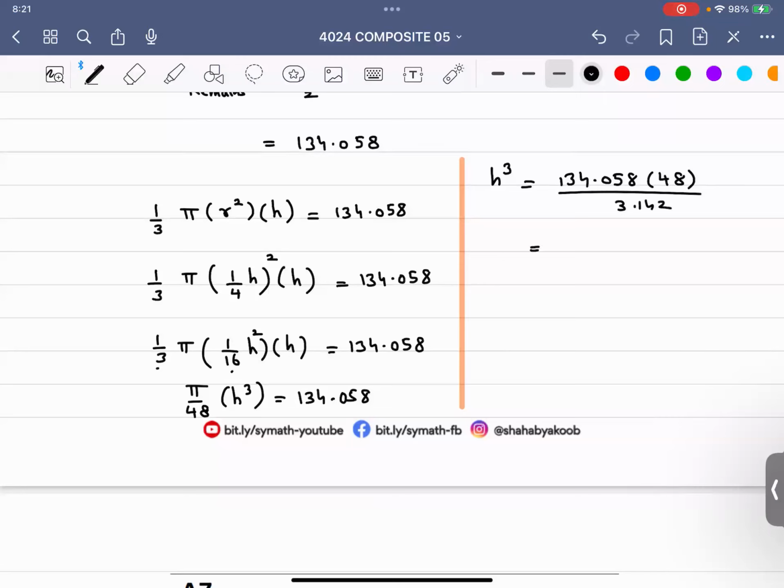Multiplying it with 48, divide by 3.142. This comes out to be h cube is 2048. Therefore, h is cube root of 2048. So grabbing the calculator, pressing the cube root button, h is coming out to be 12.699. Therefore, h is 12.7 centimeters, correct to 3 significant figures.